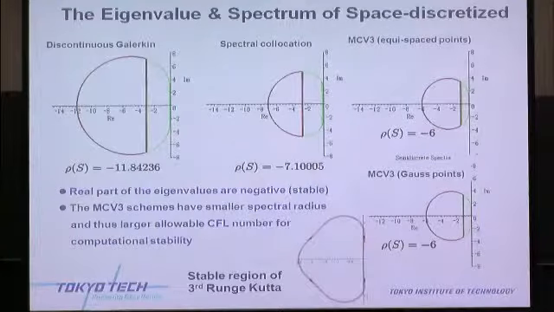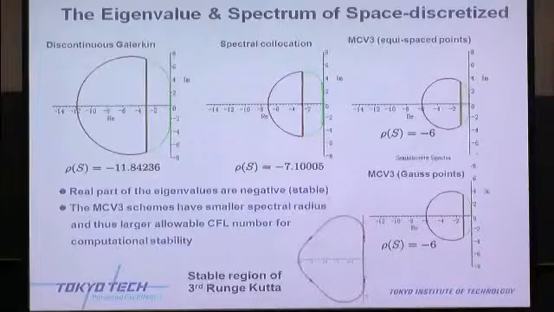DG is the largest one, and this MCB3 is approximately half of DG, which means that we can use a larger CFL number, because if we use, for example, the third order Runge-Kutta method, we have to put the value of spectral radius times delta t to be in this area.